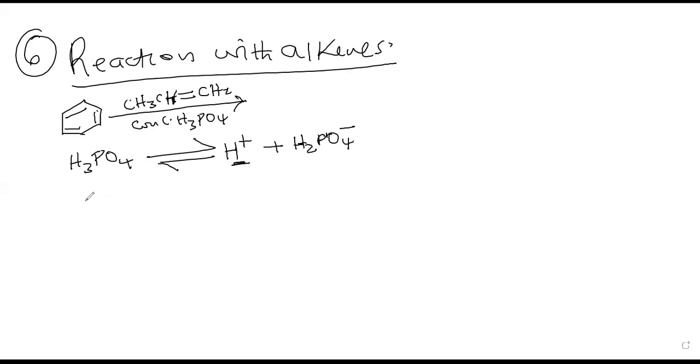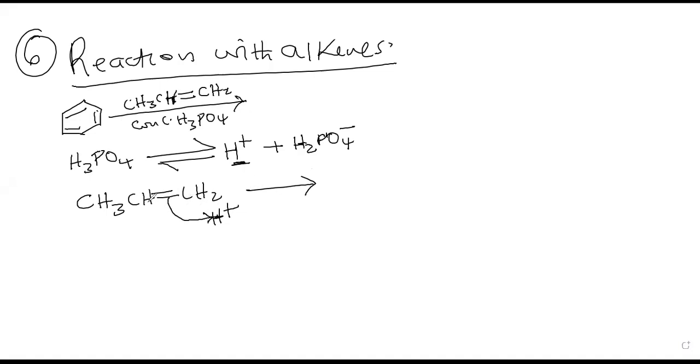So I'll get my propene, CH3 CH double bond CH2. I'm going to bring my acid, the hydrogen. Remember, the double bond is rich in electrons, so it will attack this electron-deficient hydrogen ion, and this will make it an electrophile.